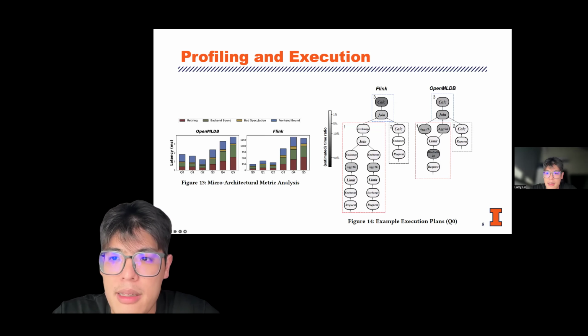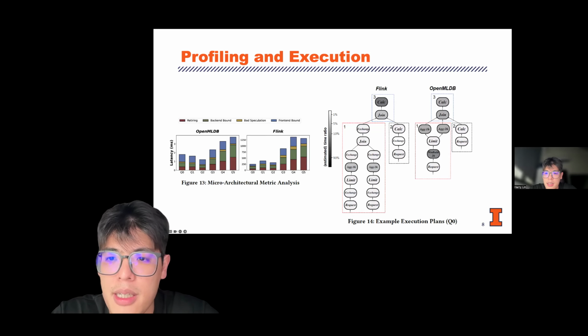Flink's plan reads the data twice, which creates a lot of redundant work for the CPU. However, since these overlap, OpenMLDB reads the large 2 hour window once and reuses the data for both calculations. This directly reduces the number of instructions the CPU has to process, lowering the stall metrics we see in figure 13.